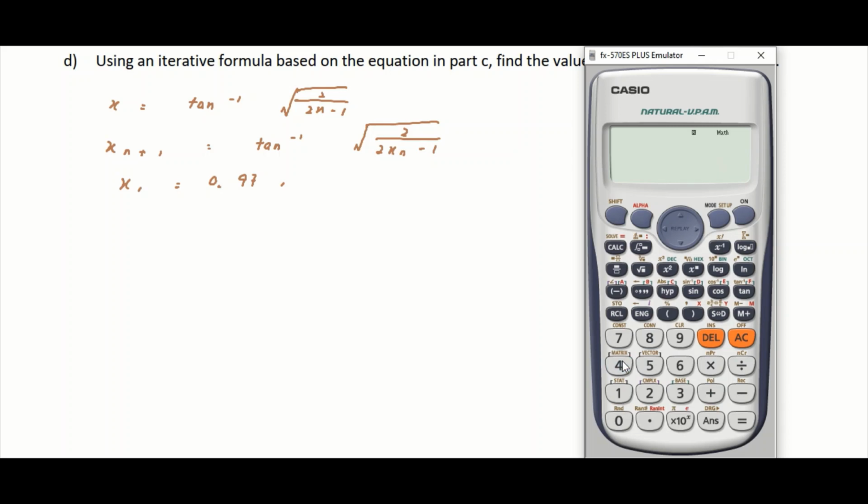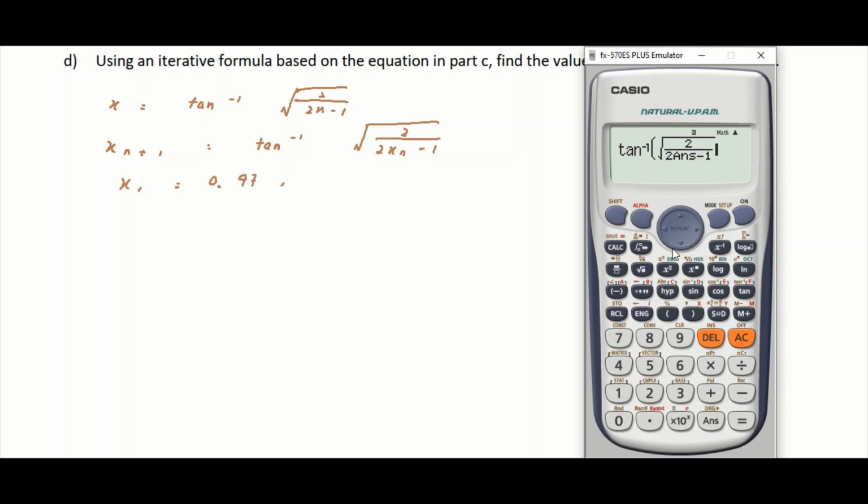Normally in iteration, or even in the calculus we have learned previously, whether differentiation or integration, our angle will be in terms of radians. Okay, so let's try to do it again. So 0.97, set it as answer. Then shift tangent, and then 2 over 2 answer minus 1.